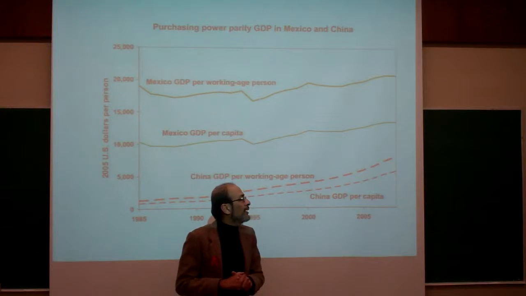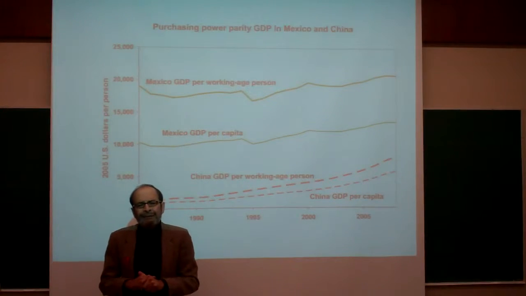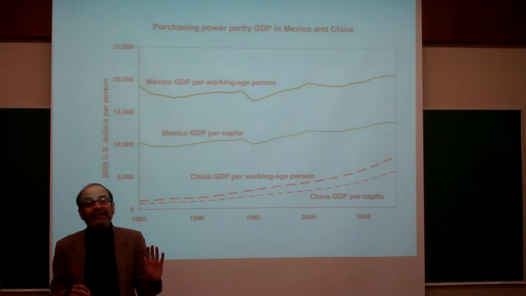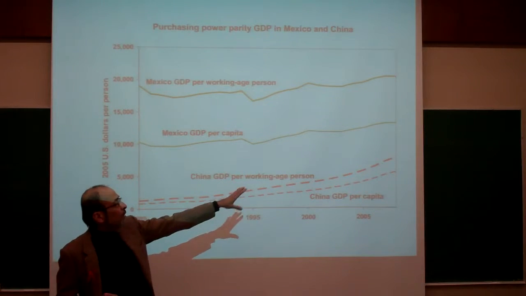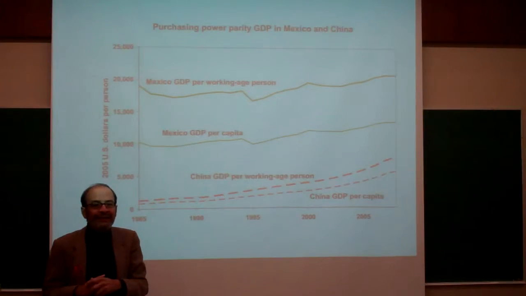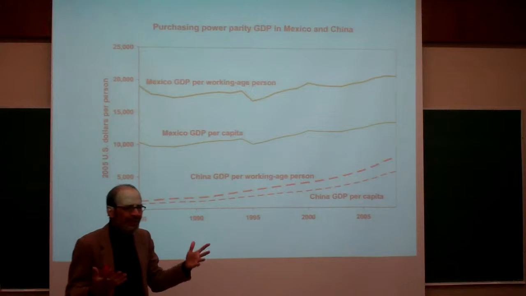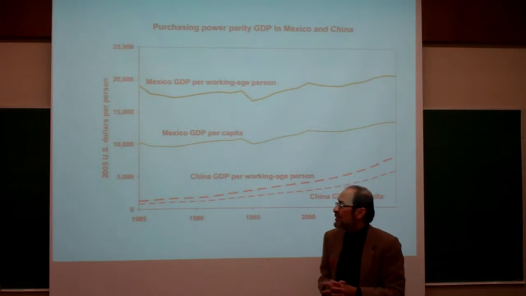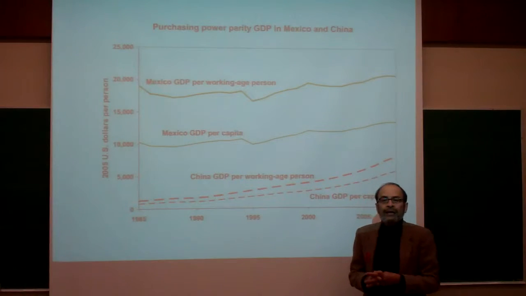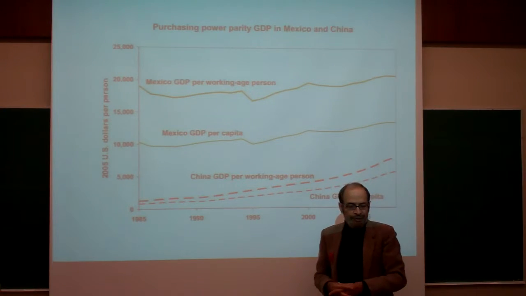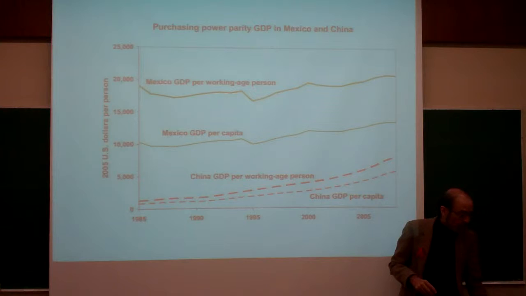Tim Kehoe and his team have argued that, in fact, what we would expect is that China would have the same sort of pattern until about 2020, and then it's going to stop. Mainly the argument has been demographics, that China's population is aging very, very rapidly, and while they are catching up, it's not at all clear that China will take over the world, kind of story.